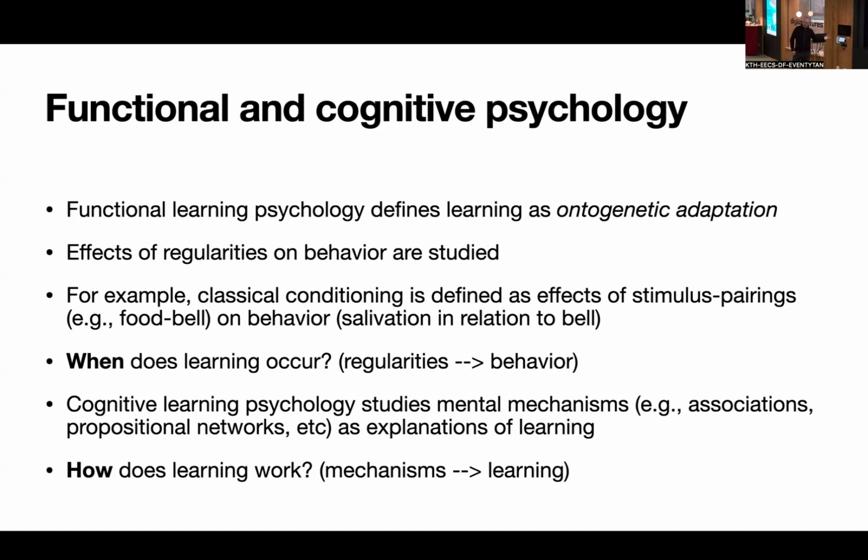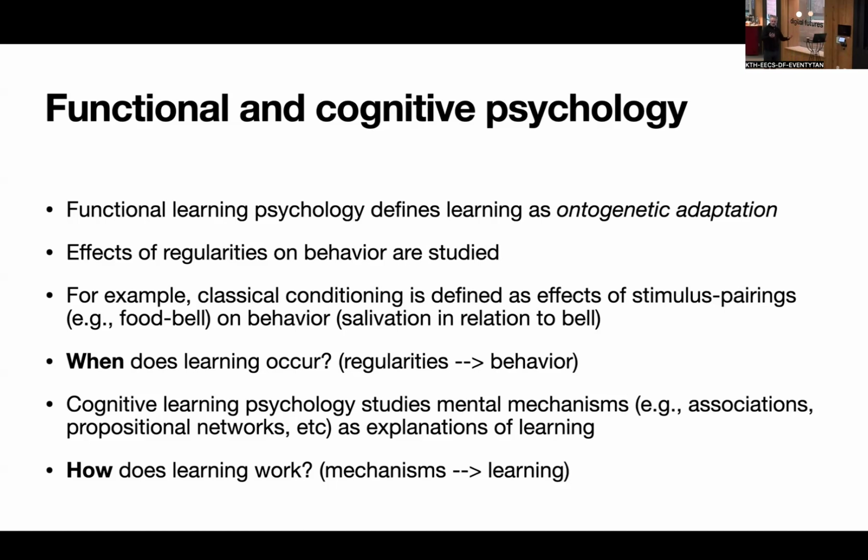Cognitive learning psychology, on the other hand, is typically the study of mental mechanisms that could explain the machinery of learning. So it could be association formation or some propositional network or some structure that we would assume would explain learning.